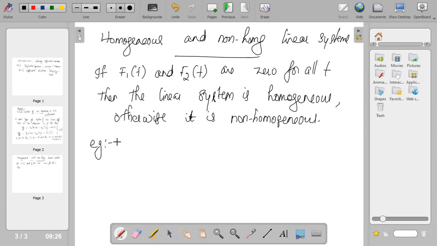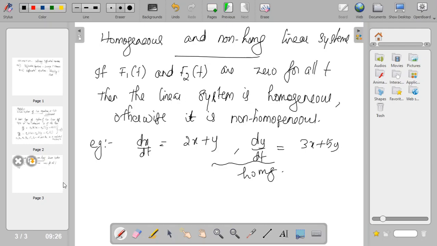For example, if you take dx by dt equal to 2x plus y and dy by dt equal to 3x plus 5y, this is an example of a homogeneous system.